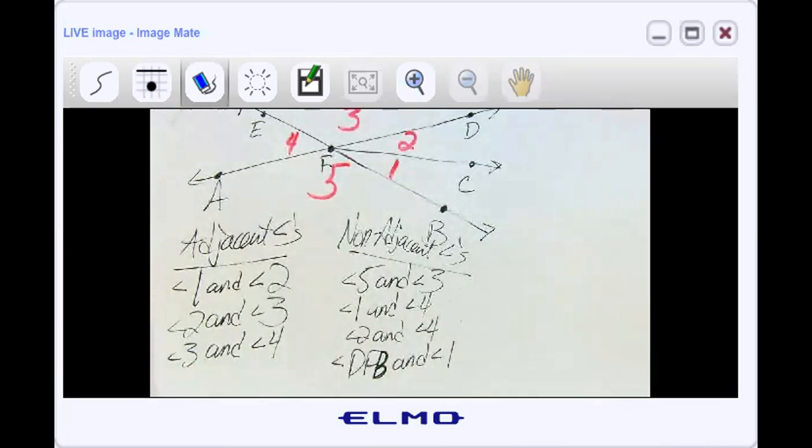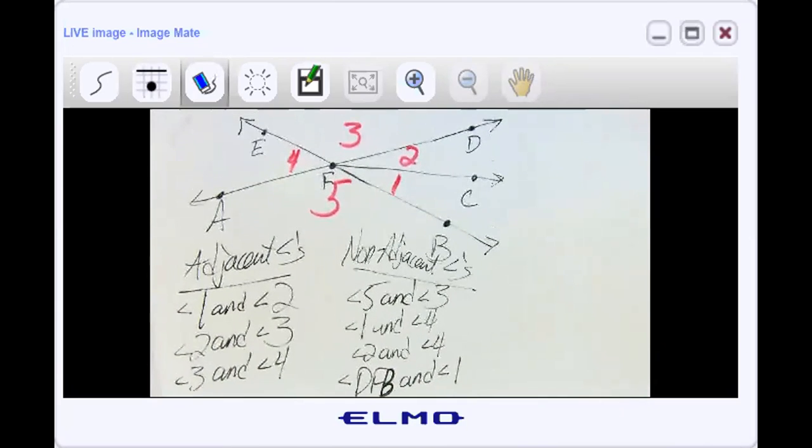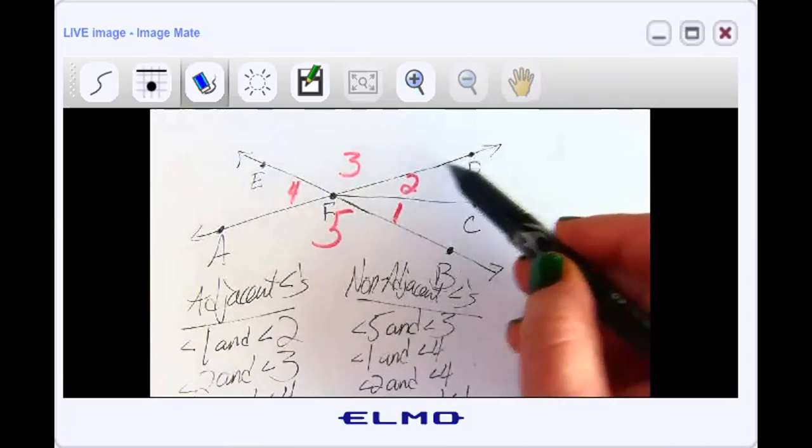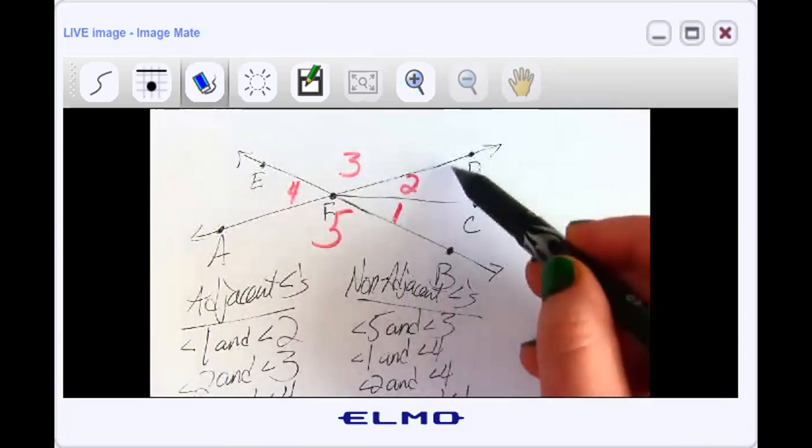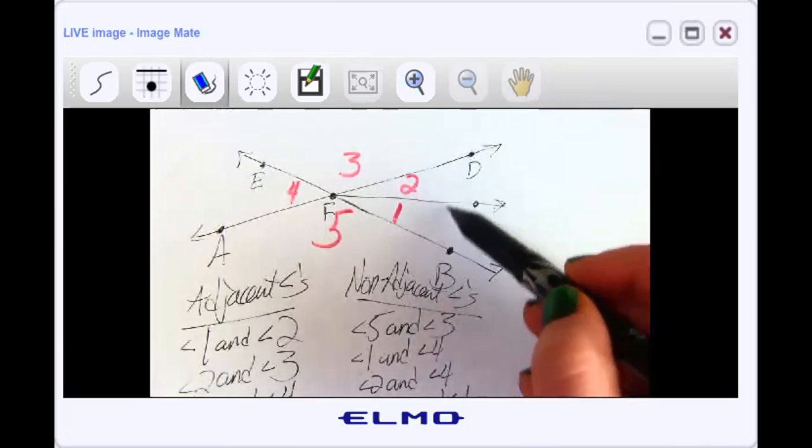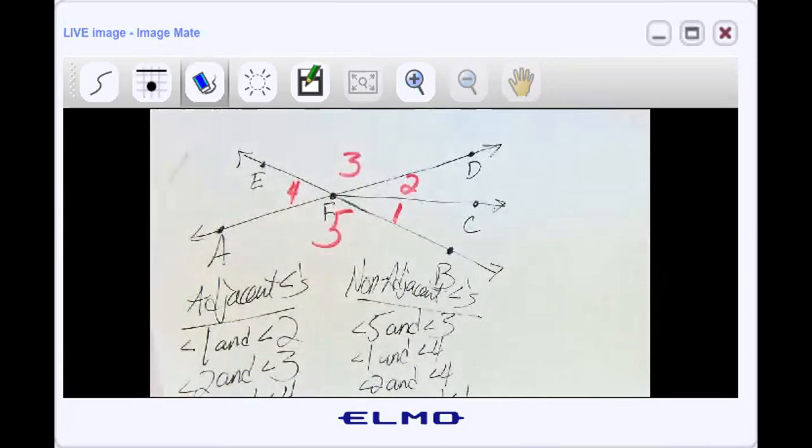All right, any takers? DFB is adjacent to someone. Who is it? DFB, this whole angle. What angle would it be adjacent to? I'm actually going to draw right on this diagram.